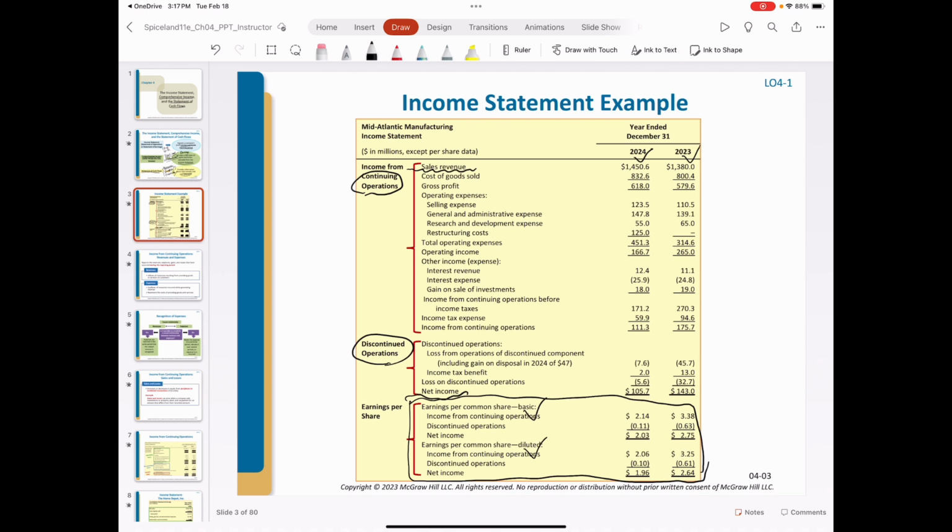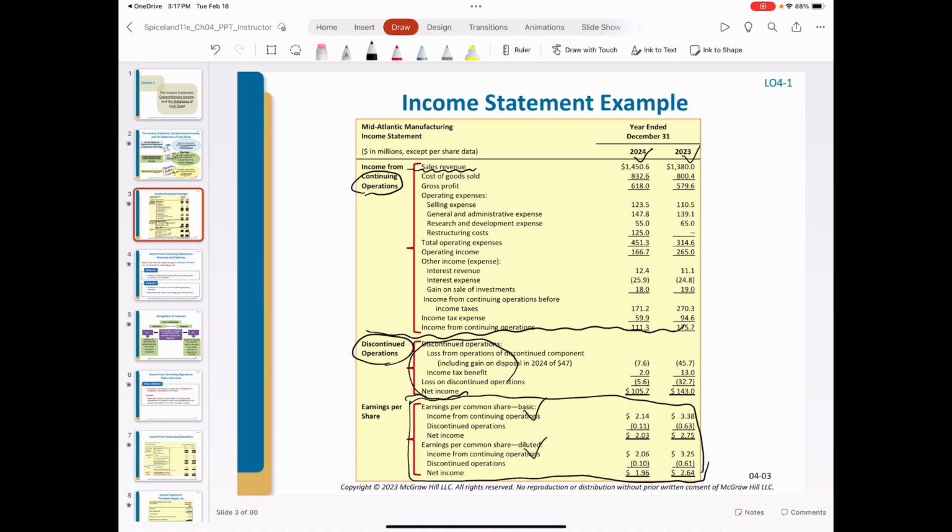For example, a company may terminate one of its products or operating segments, so the company will report this discontinued operation in this section, which is an unusual item. The discontinued operation is not as frequent as this section above.